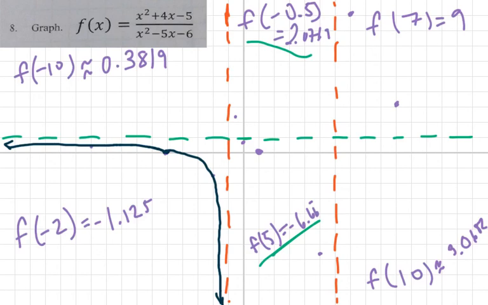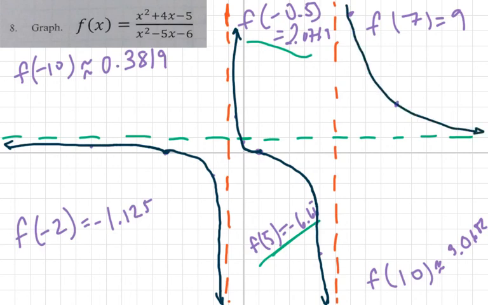Then from this x-intercept at 1, I'm going to connect those points. And then this is going to come down and go through that point right there. Okay, and then these 2 points at f of 7 and f of 10, I'm just going to connect like so. Ooh, not like that, like this, and show that it's going to get close to each of those asymptotes. And that's as precise as you need to be. Okay.